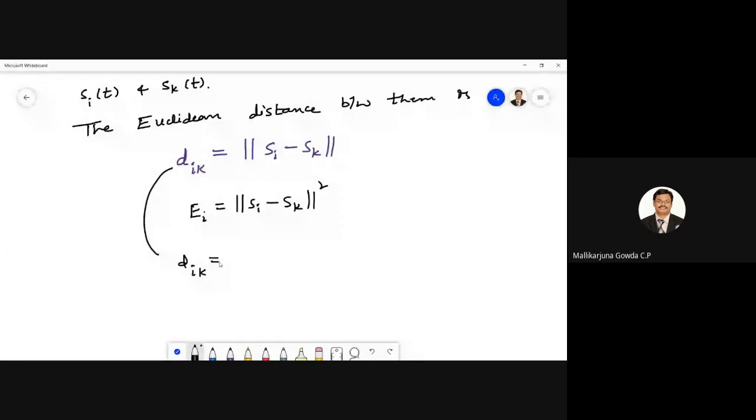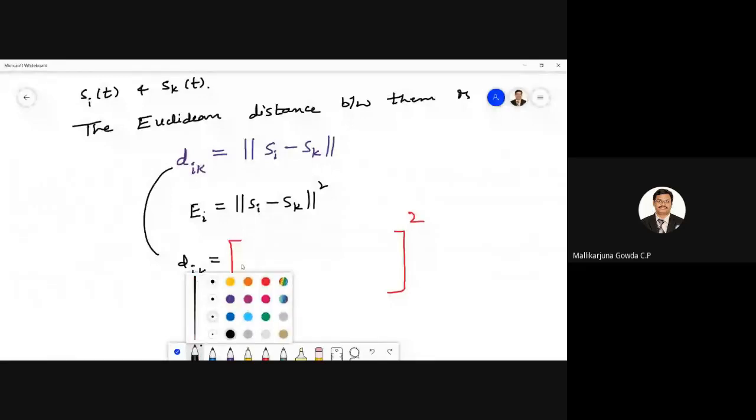The square root of something, so I need to fill something inside this.